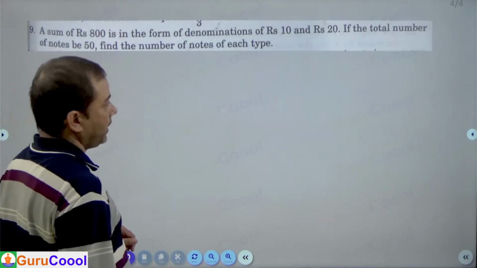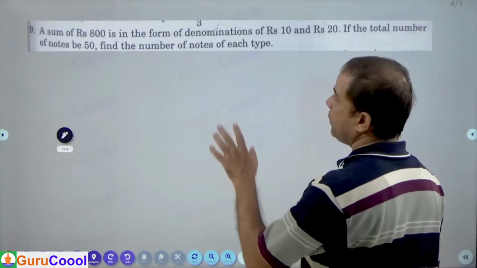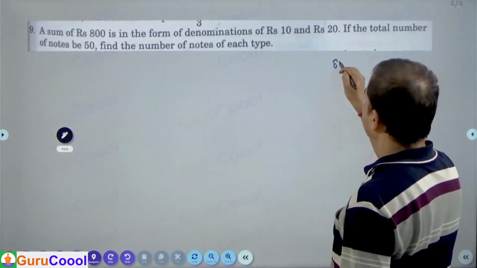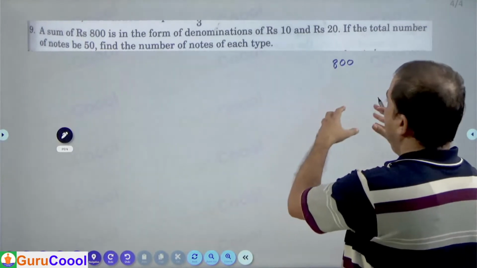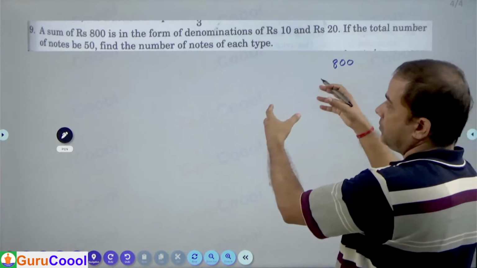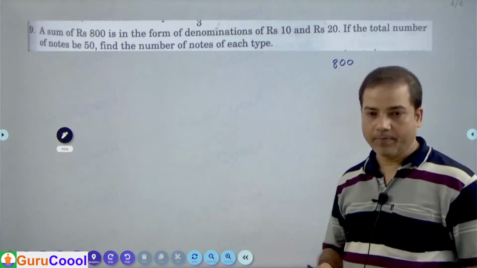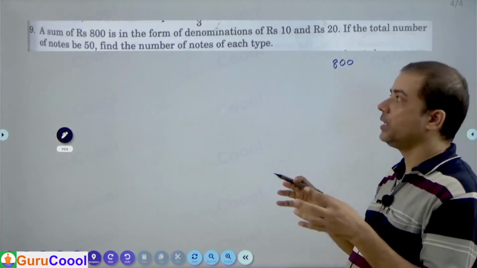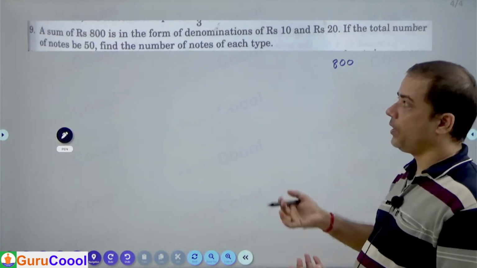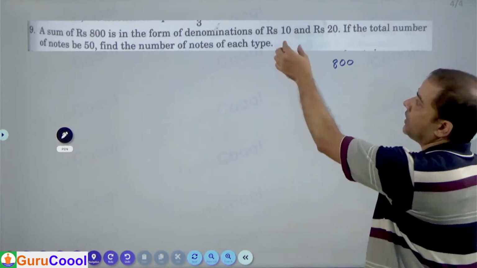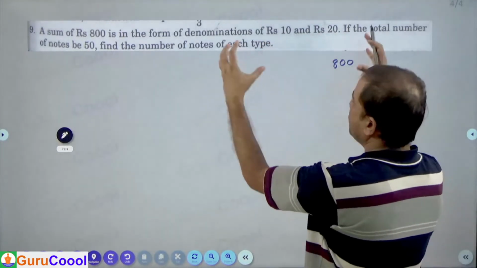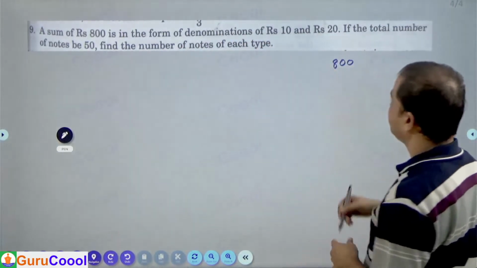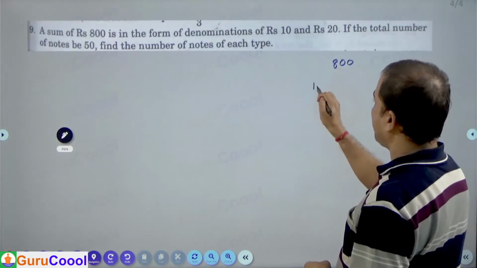So question is telling total you have 800 rupees. But this is not a single note, not 100 rupee notes. You have some 10 rupee notes, some 20 rupee notes, and the total sum is 800.